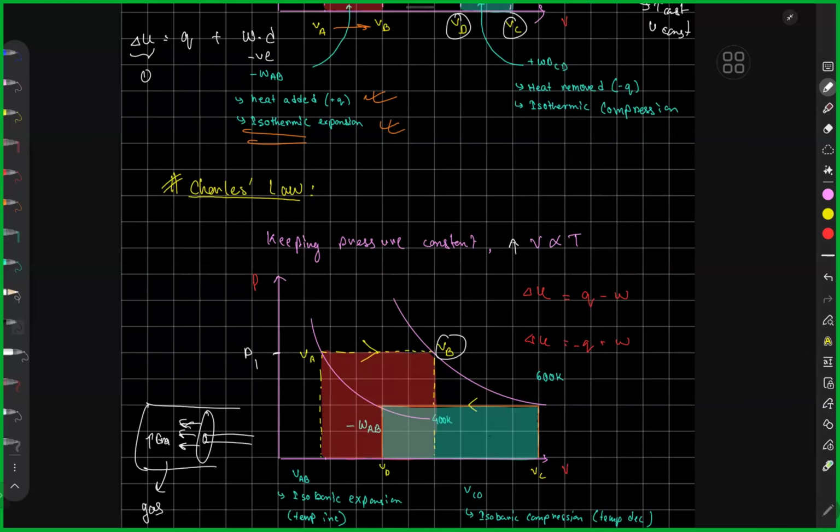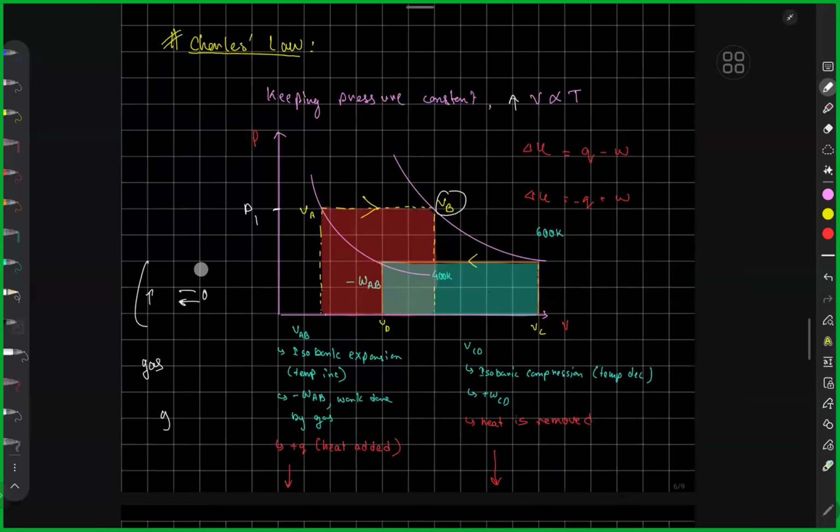Okay. So now coming back to the same place, when I have the pressure being constant, actually I need that graph. So when I have the pressure being constant and the volume being expanded, so from here, let's say V1 to V2, right?